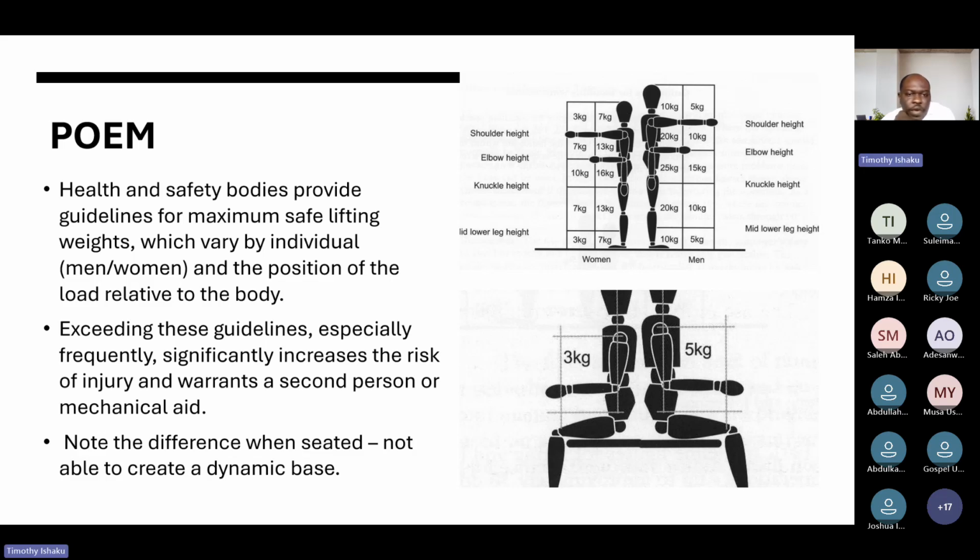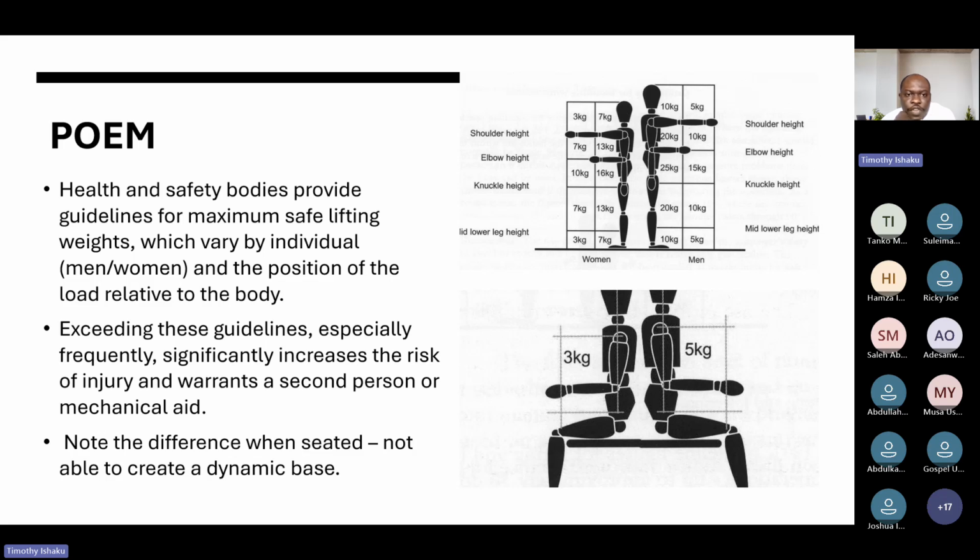In this picture, now that we know the limit, note the difference between seated and standing. When the person is sitting, the weight they carry is less compared to when they are standing, simply because when standing there is a dynamic base.